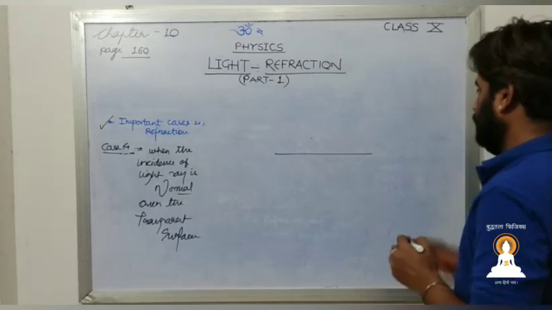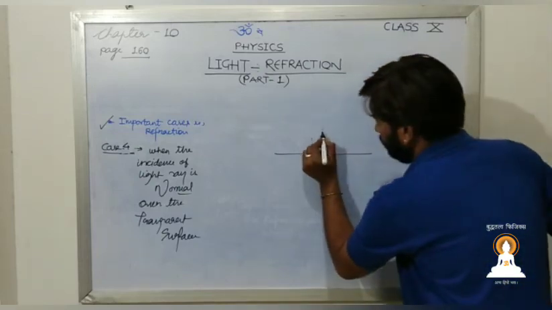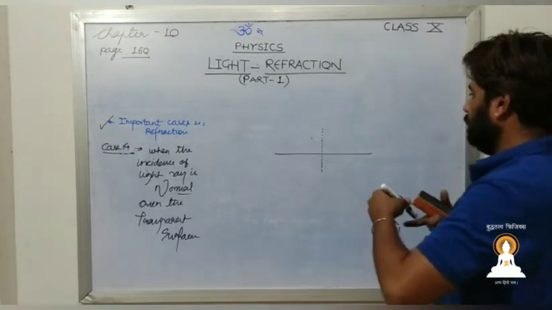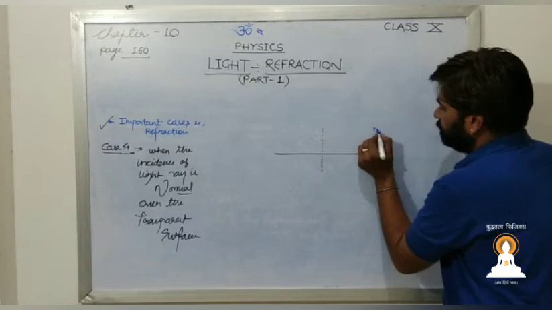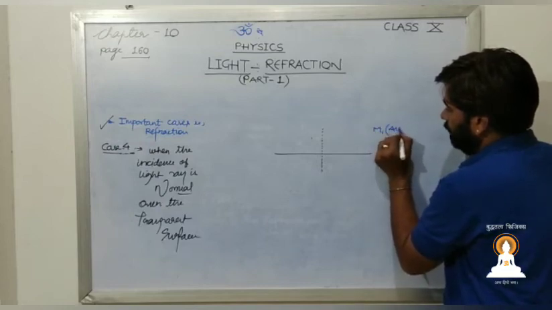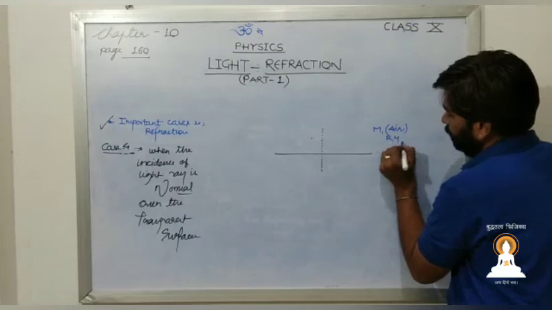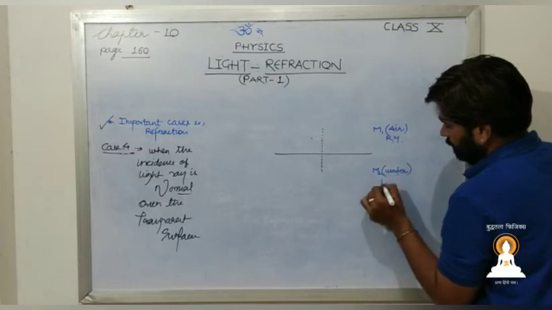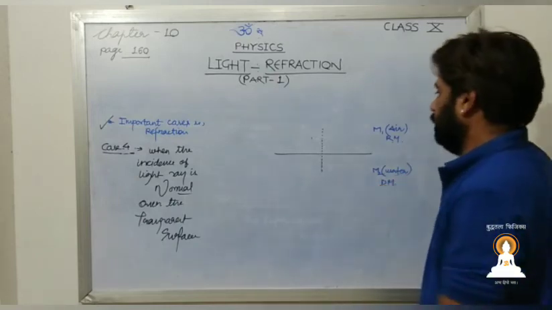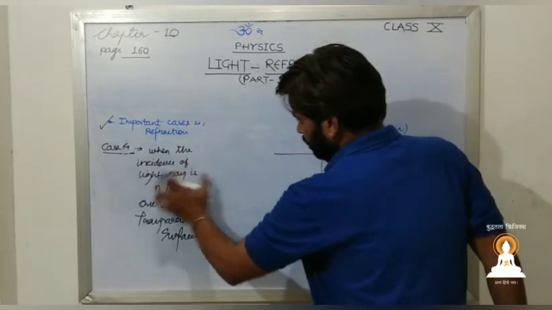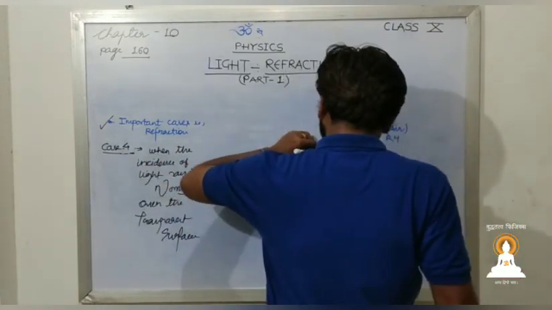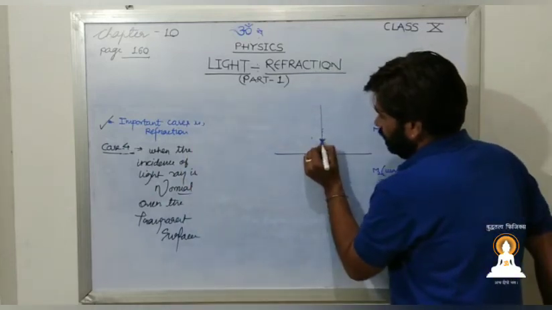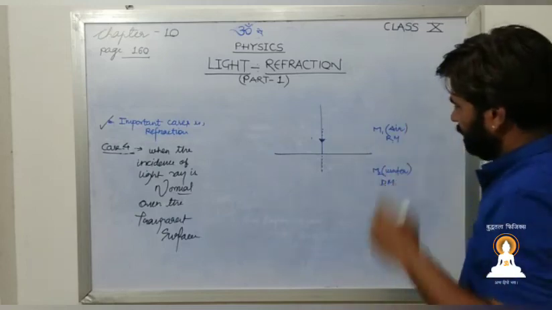Now if this is the normal, then suppose this is medium 1, that is air, a rarer medium, important, and medium 2, that is water, a denser medium. Now if the incident ray is normal to the surface, it means it is simply overlapping this normal, collinear with the normal. What will happen?